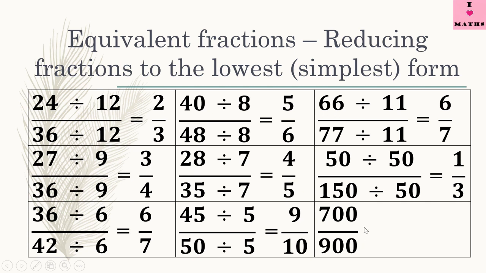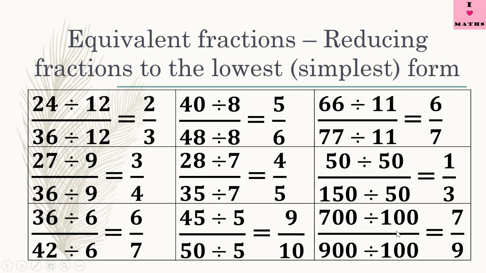Are you scared to see this fraction? No, you are not scared, because all of you know the table of 100 and you can make out that both these numbers come in the table of 100, right? So we will divide the numerator as well as the denominator by 100.